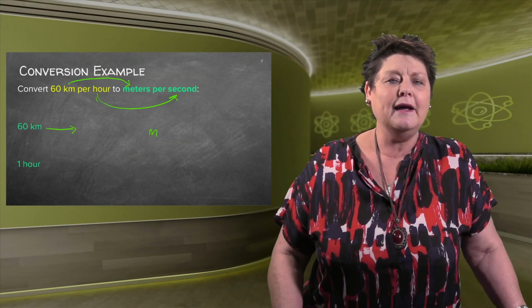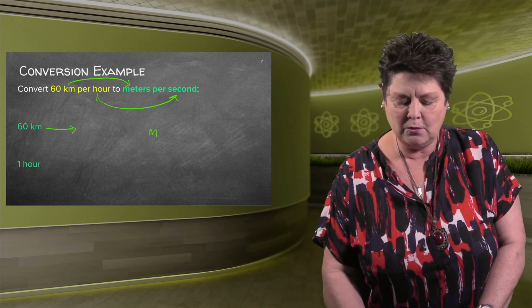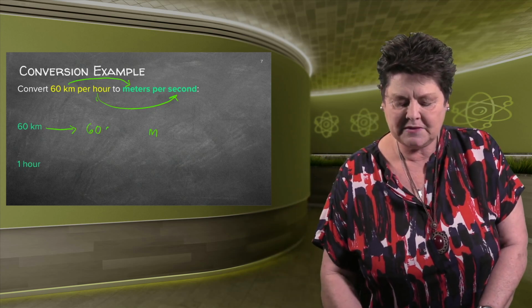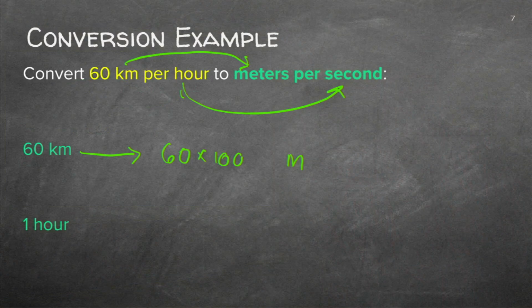Kilo will be 1,000. So I will say 60 times 1,000. If your math is good, immediately start writing 60 times 10 to the power of 3. That will make your calculations much easier as soon as you get more numbers to do calculations with. What is an hour?